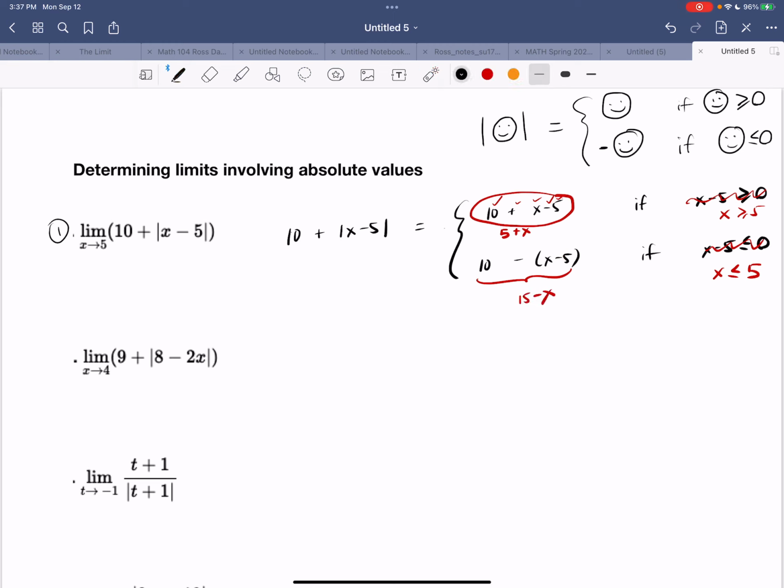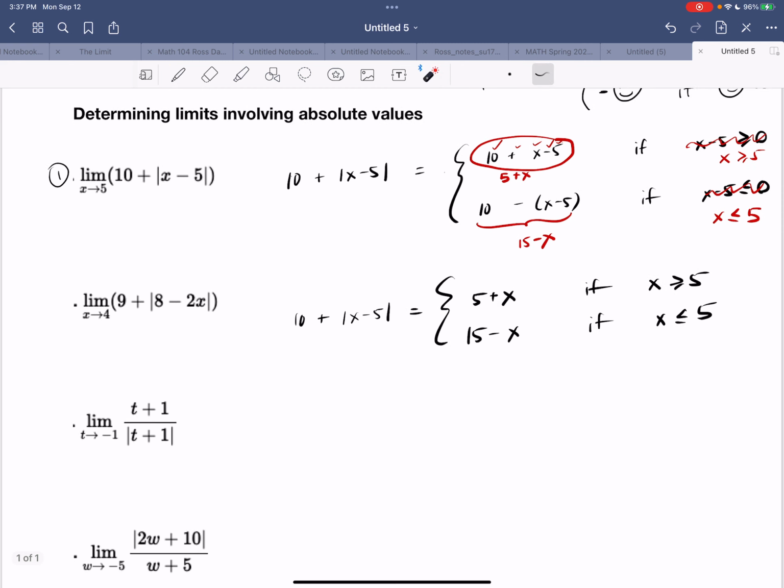So I can rewrite 10 plus the absolute value of x minus 5 equals 5 plus x if x is bigger than or equal to 5, and it equals 15 minus x if x is less than or equal to 5.